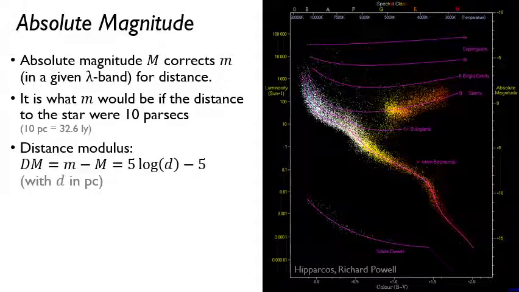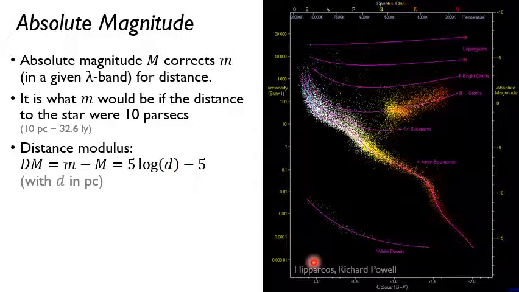Mathematically, by looking at the apparent magnitude definition from before, what you need is the distance modulus to relate your apparent magnitude to your absolute magnitude. The apparent magnitude for a given star minus its absolute magnitude is equal to the distance modulus, which is equal to 5 times log base 10 of the distance minus 5, where your distance is in parsecs.